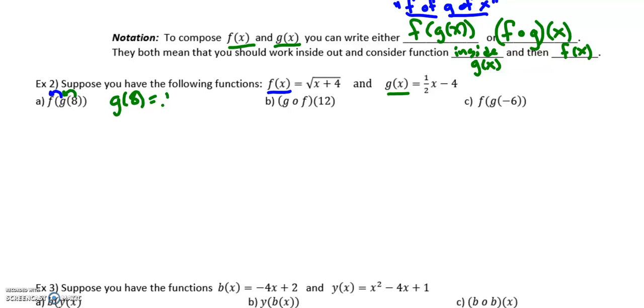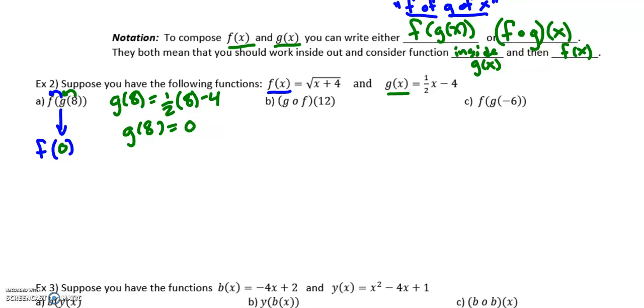If I plug 8 into the g function, that's 1/2 x minus 4. So I end up getting 1/2 times 8 is 4, 4 minus 4 is 0. So g of 8 is 0. So I can take my original and rewrite it as f of g of 8, and I said g of 8 is 0, so I replace g of 8 with that 0.